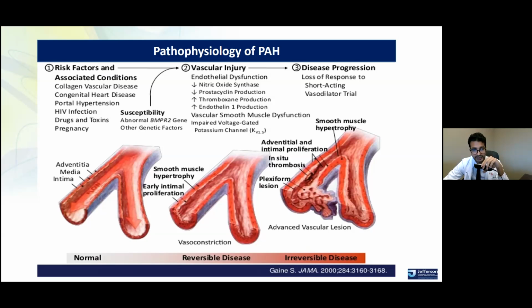So it's a complicated process that is progressive and leads to increased pulmonary vascular resistance. And as we know, as this disease progresses, people really suffer from right heart failure, which plays a big role in how these patients do. And all the treatment is directed towards decreasing your pulmonary vascular resistance, use of pulmonary vasodilators.